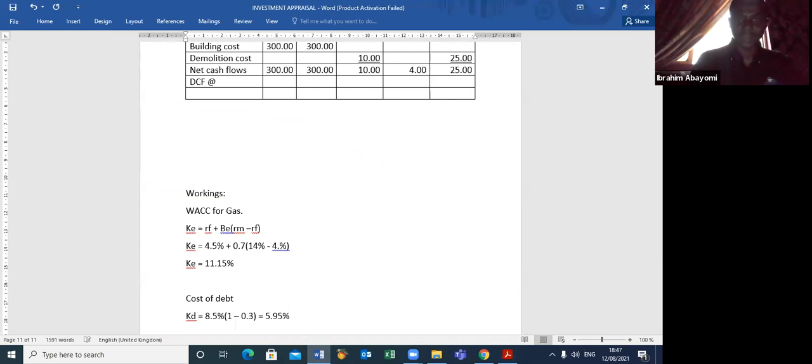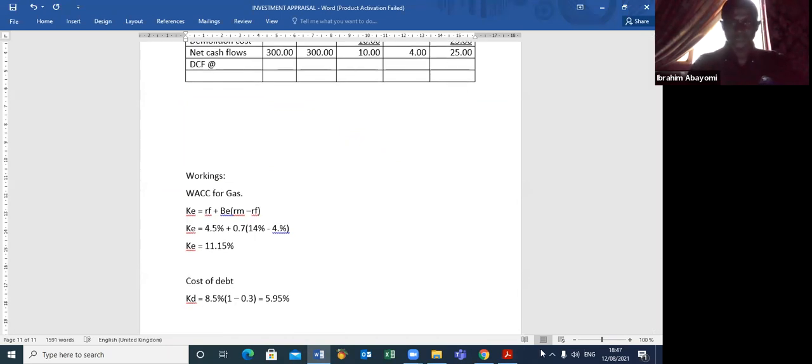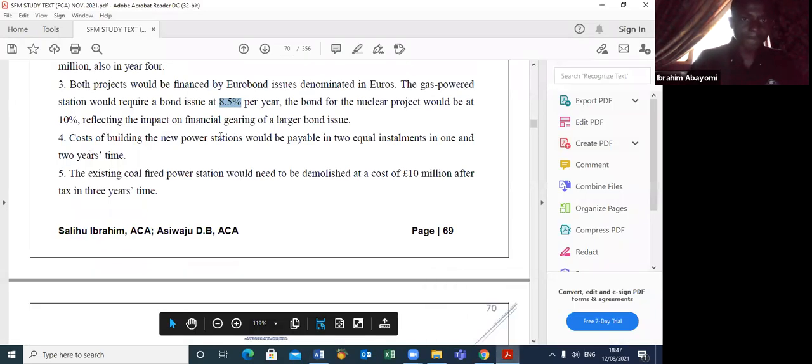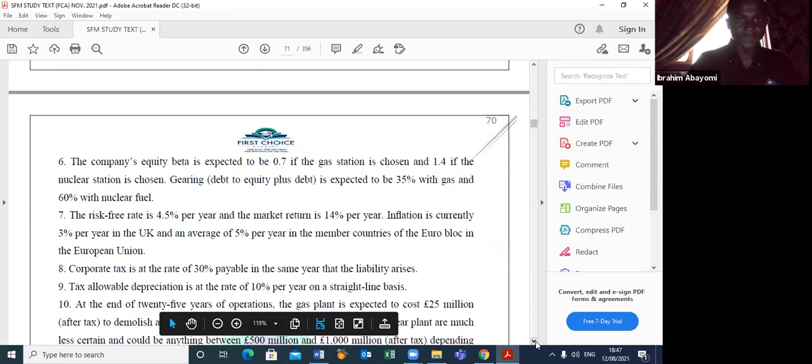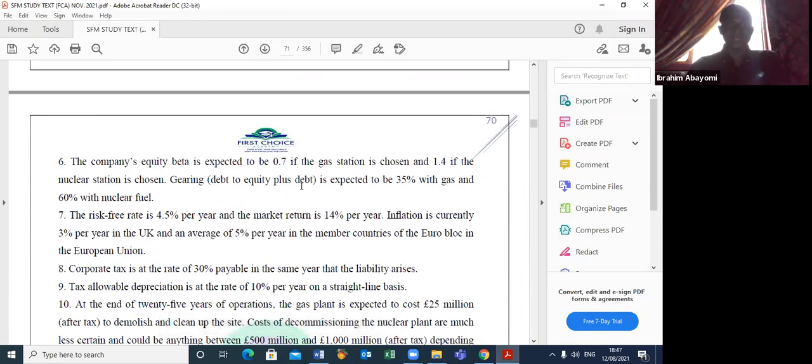Now, what's our gearing? Let's go and pick our gearing, which is debt to equity plus debt, given as 35%.